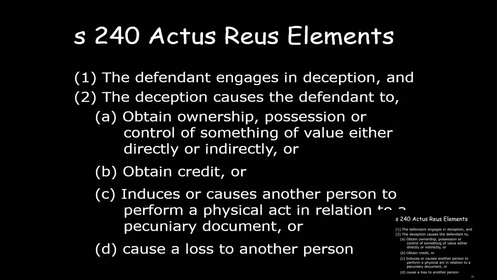Now, actus reus requirements or elements are: the defendant must engage in some deception. Right, we'll have a look at what that means in a minute. And that deception, therefore, must cause the defendant to obtain ownership, possession or control of something of value, or they must obtain credit, that's accompanied by a debt and liability, or induce someone to perform some kind of physical act in relation to a document.